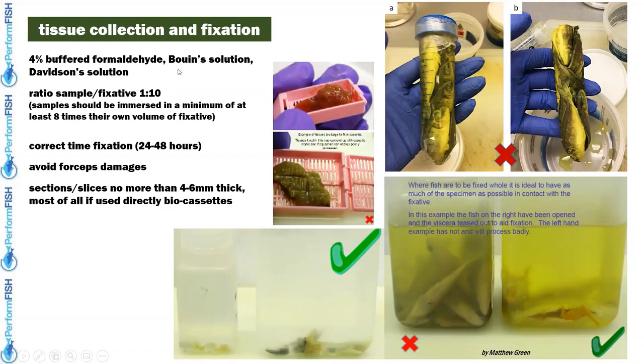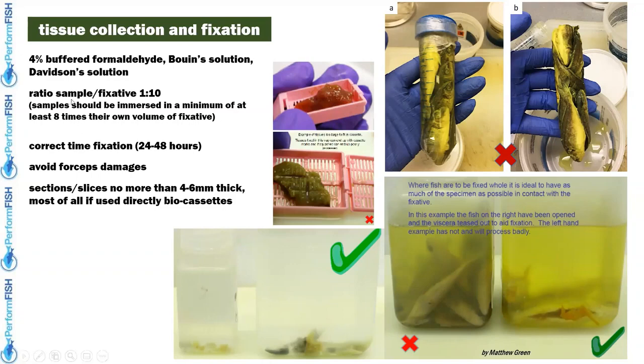If you use this solution, it's necessary to remove the sample after 24 hours and transfer it into alcohol. For appropriate fixative penetration, the sample volume should not exceed 1/10 of the volume of fixative within a specific jar.